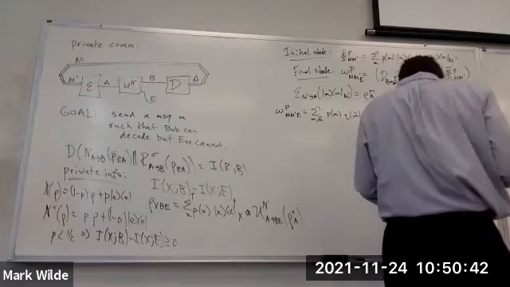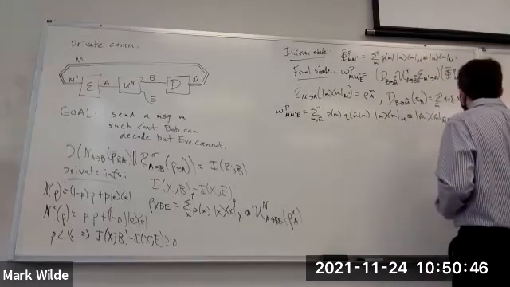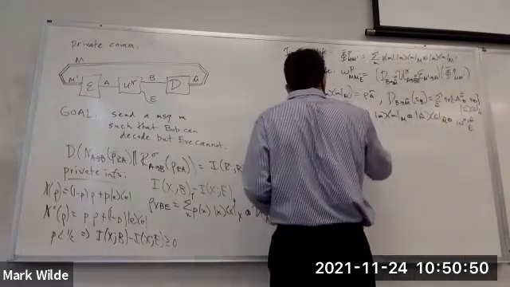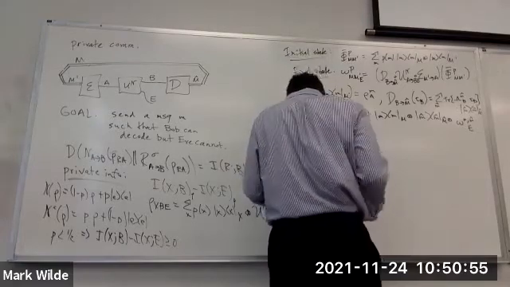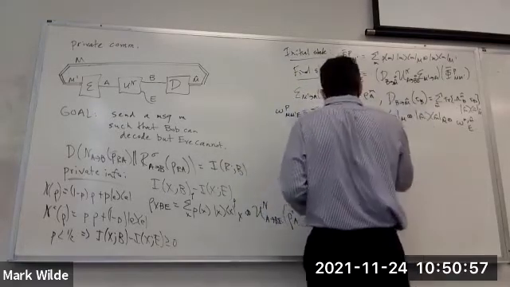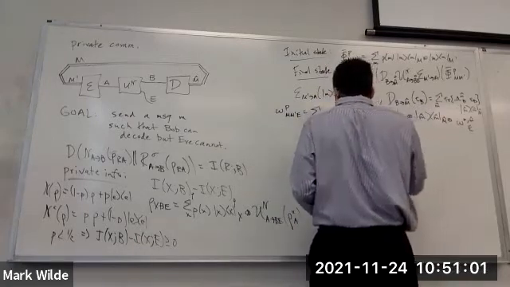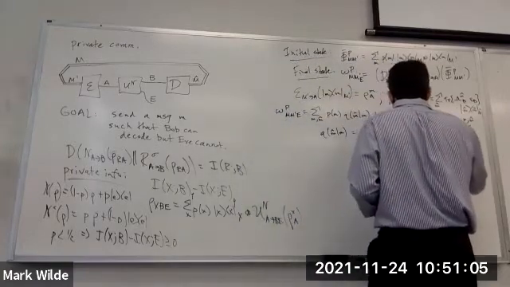These states we'll call omega M hat. And how are they defined? Well, let's define this distribution. The probability of decoding M hat given that M was the input.